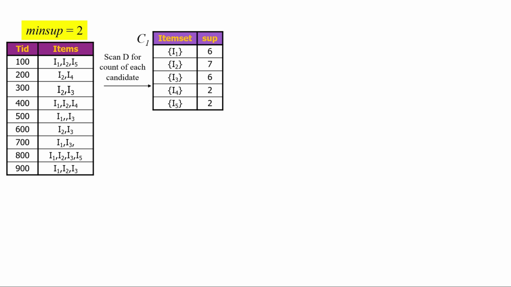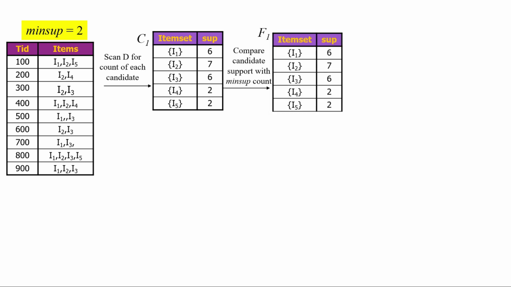So from this candidate item set of length 1, we can generate frequent item sets of length 1. As all these item sets fulfill the minimum support threshold value, they are all frequent 1-item sets.